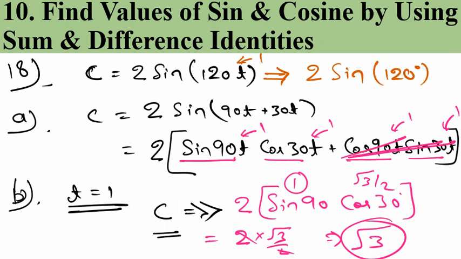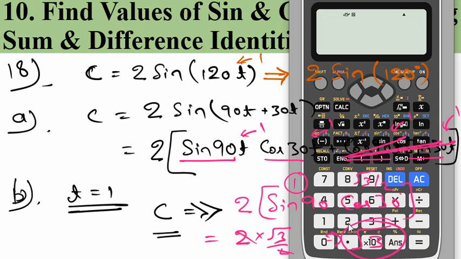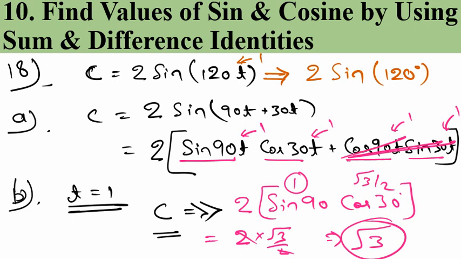I should get square root 3. So let's just check with the calculator. 2 sine 120 degree, and square root 3. That's it. So at t equal 1, t equal 2 or t equal 3, you can directly find using the calculator in such a way.